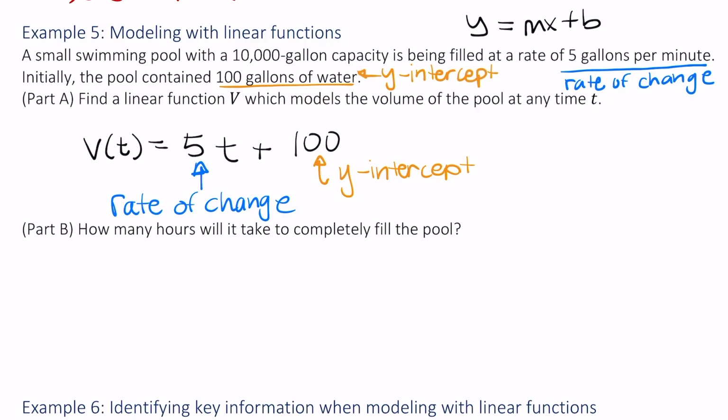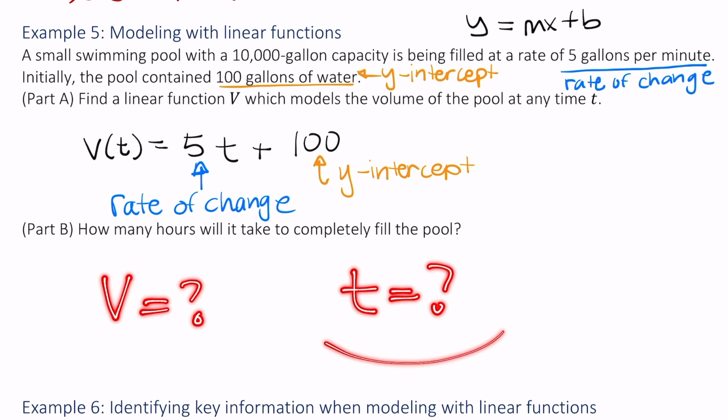Okay, so now we have to figure out how many hours will it take to completely fill the pool. So my question is, are we trying to find V or are we trying to find T? T, we're trying to find hours, so that's time.